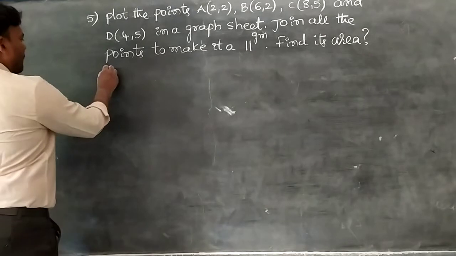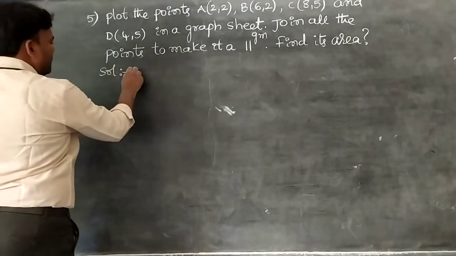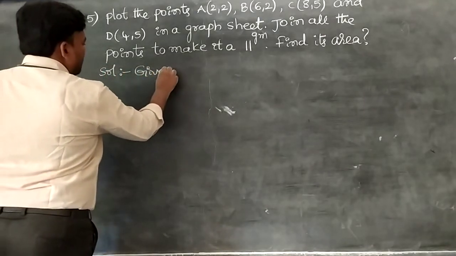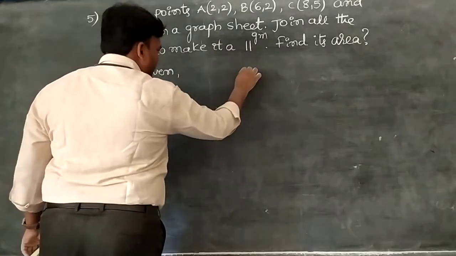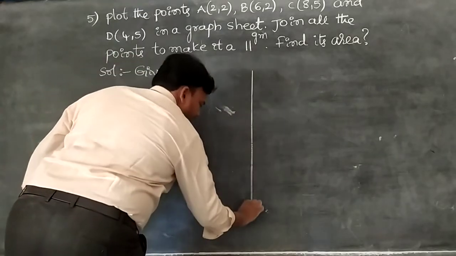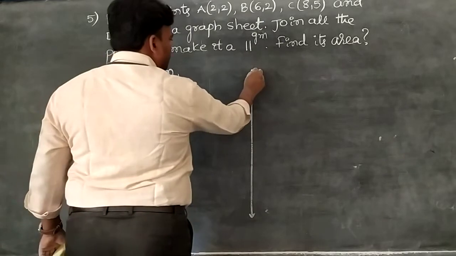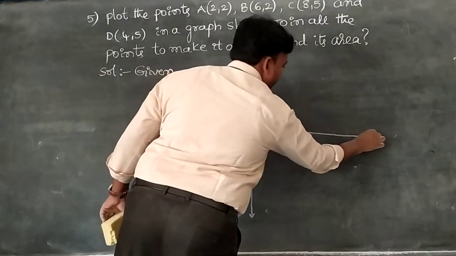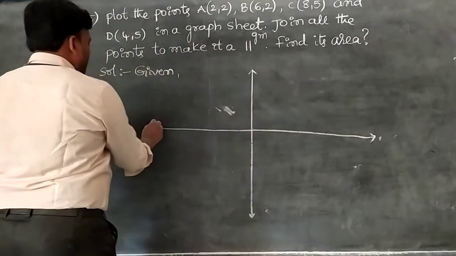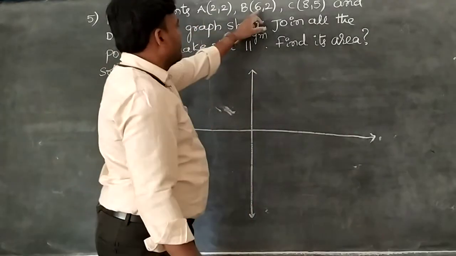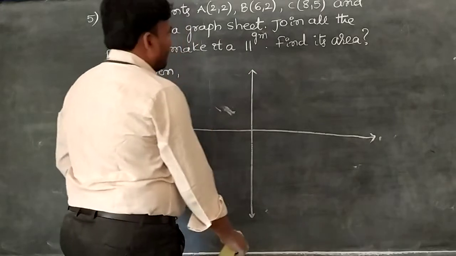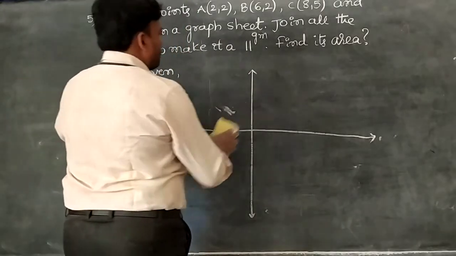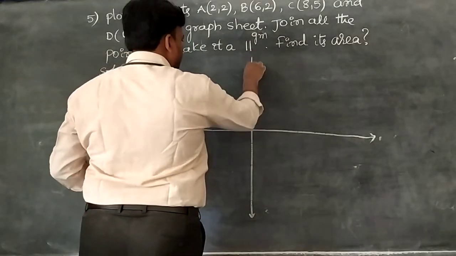So first of all, plotting the points on a graph sheet, students. Before that, we draw a coordinate axis like this. Observe carefully. Very, very important model problems. Here x values are 2, 6, 8, up to 8. Y values are up to 5.